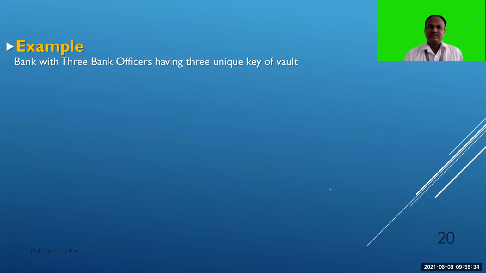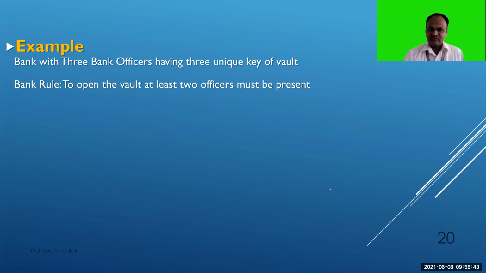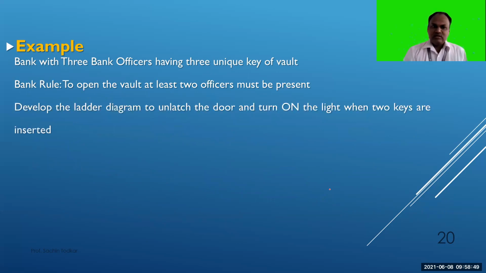Now we'll see one example. There is a bank with 3 bank officers having 3 unique keys. Now there are some conditions they have given. The bank's rule is that to open the vault, at least 2 officers must be present. Develop the ladder diagram to unlatch the door and turn on the light when 2 keys are inserted.